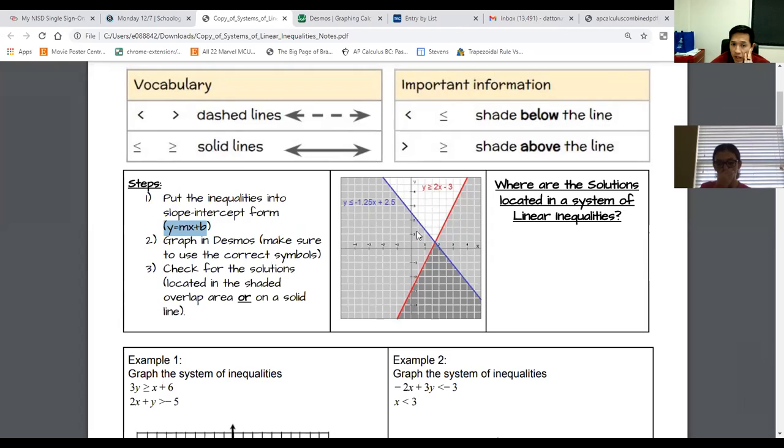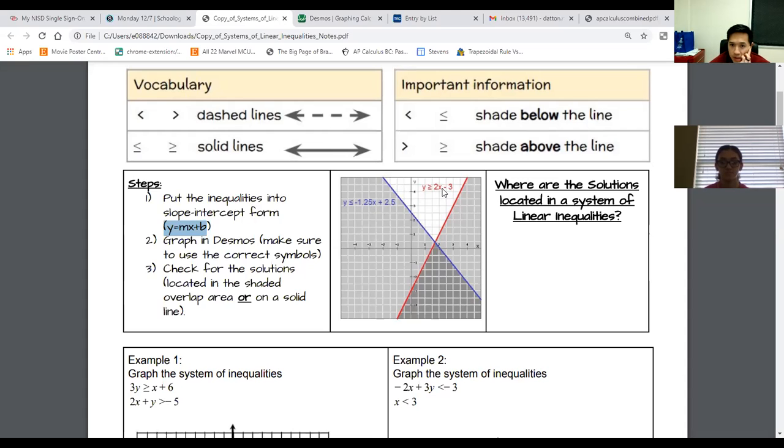So in the example we have below, you have one equation in red, y is greater than or equal to 2x minus 3. And the other one is y is less than or equal to negative 1.25x plus 2.5. So here we have the shaded region that's in between those two.